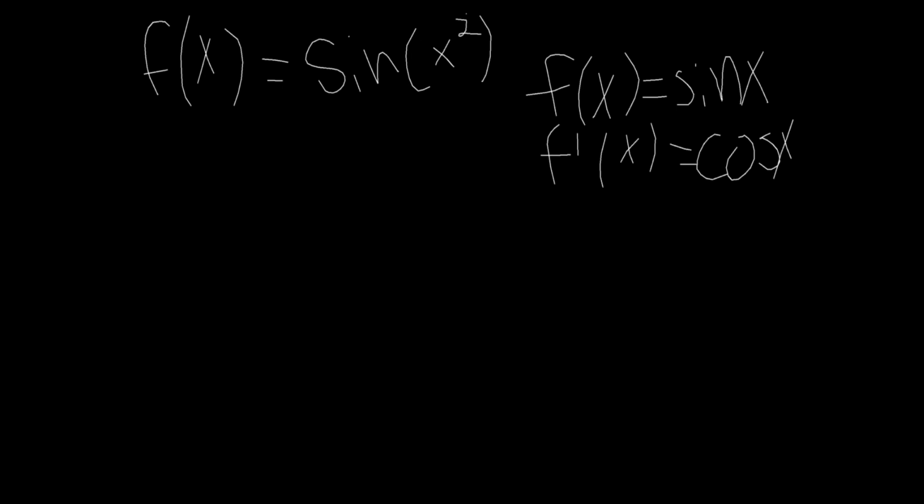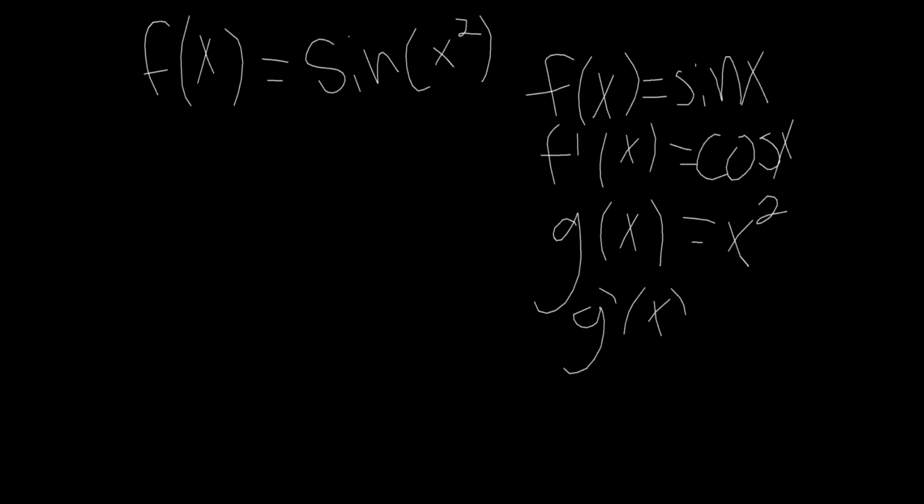And then the function we're inputting into this, g of x, is just going to be x squared. And we know that the derivative applying power rule of g of x is just going to be 2x. And now that we have everything here, we can write chain rule.